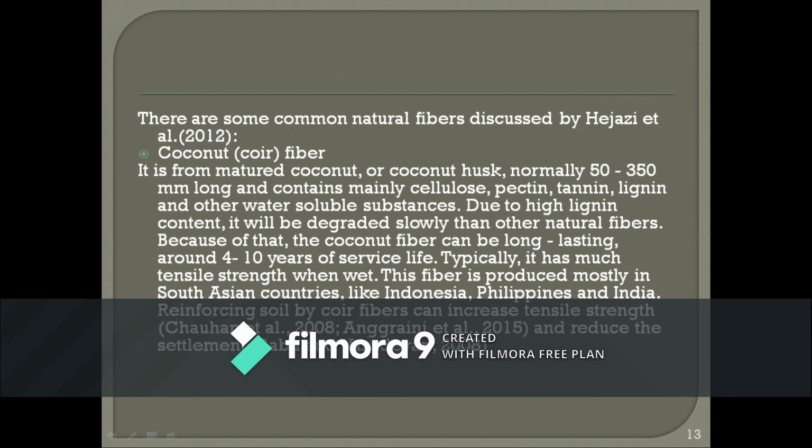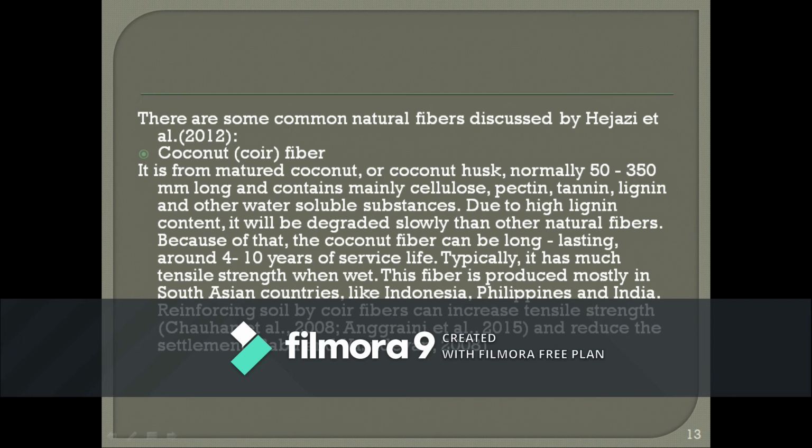And the tensile strength of the soil will be much more when this coconut fiber is in wet condition. This is a natural material which is available adequately in our country also.